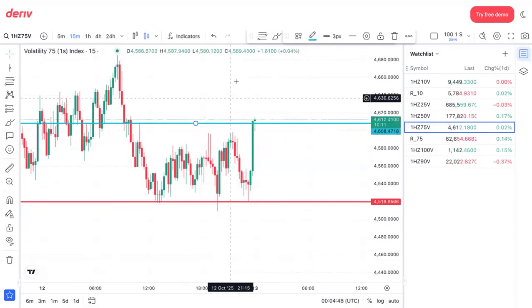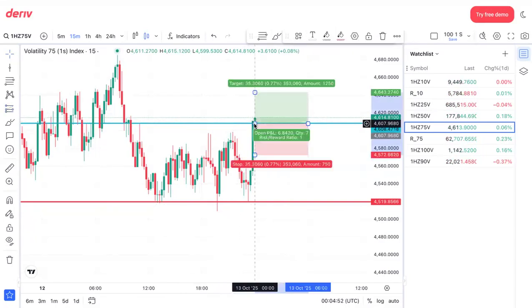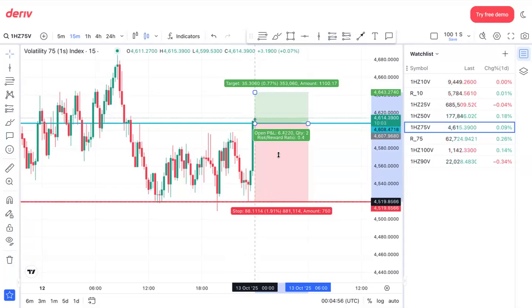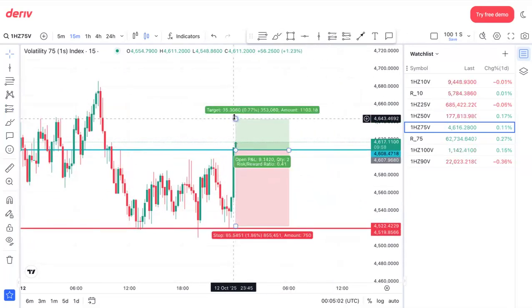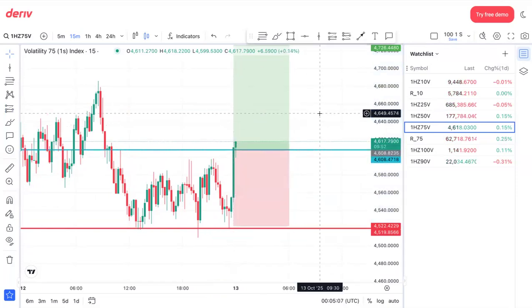Then I will add in the risk calculator, just to outline where we enter the trade and where the trade might potentially go, and that's pretty much it. Everybody in the trade, 75 1S to the buy. Make sure you check your lot size.